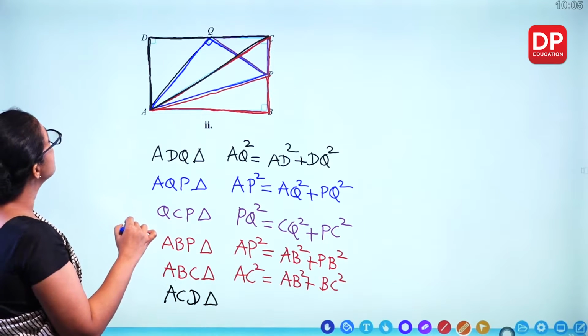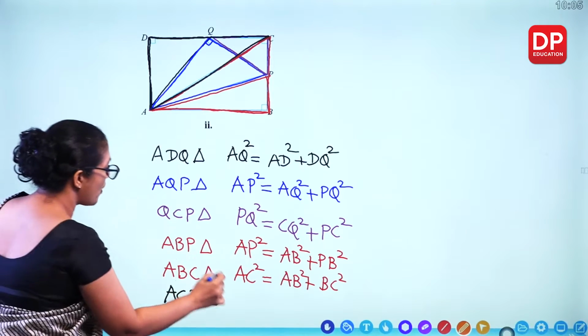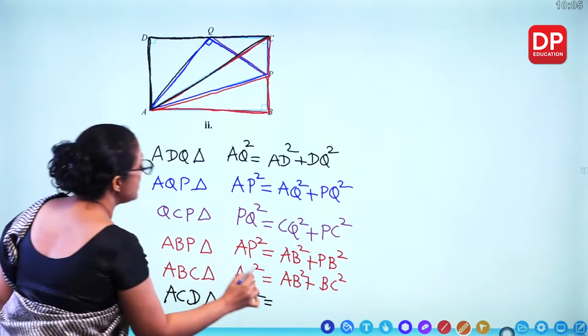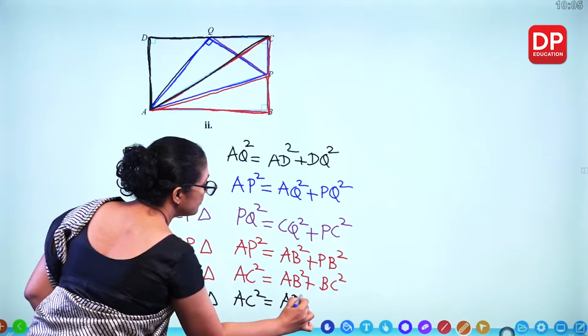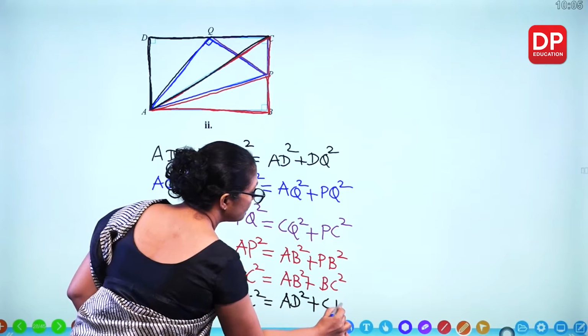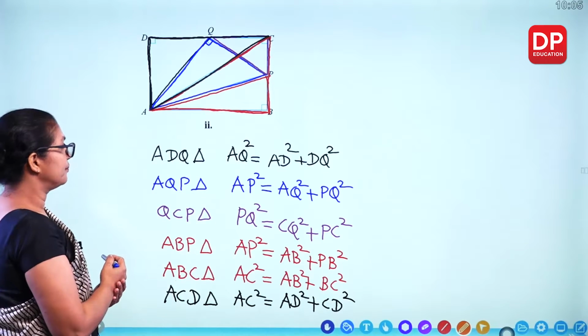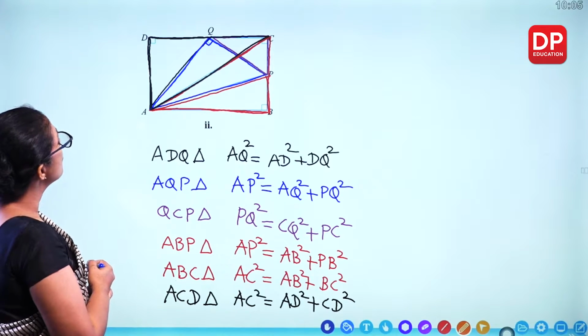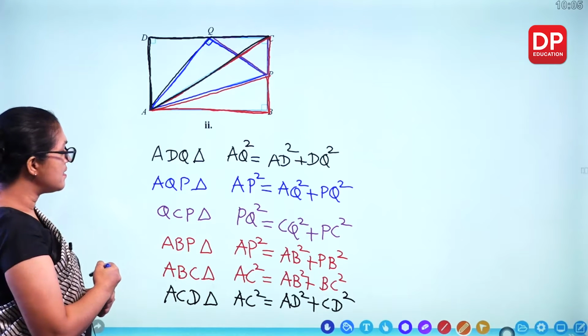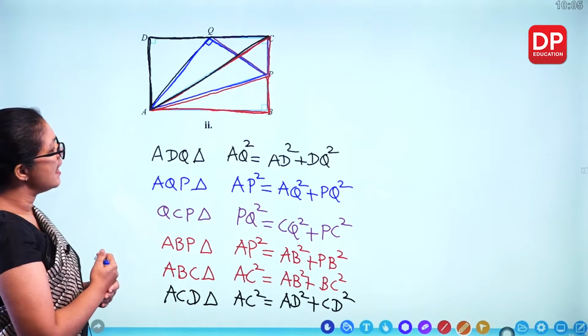You can write AC squared is equal to AD squared plus CD squared. So we took all types of right angle triangles and found the relationship.